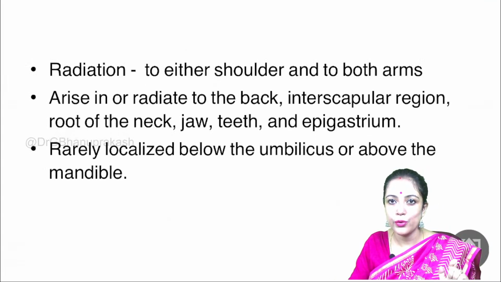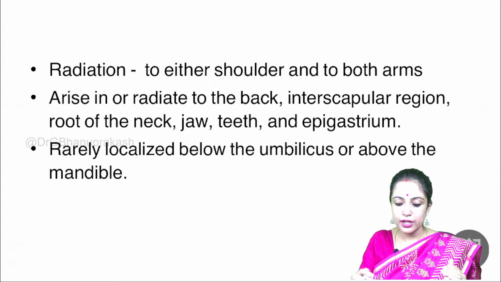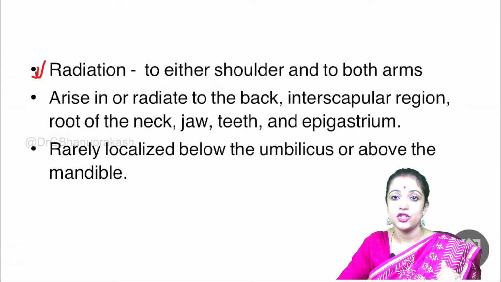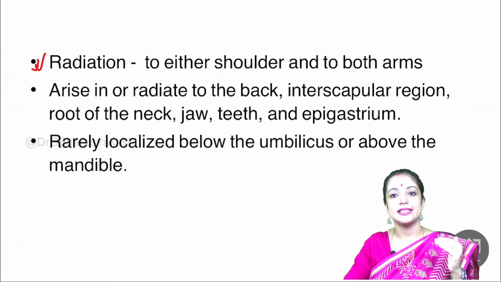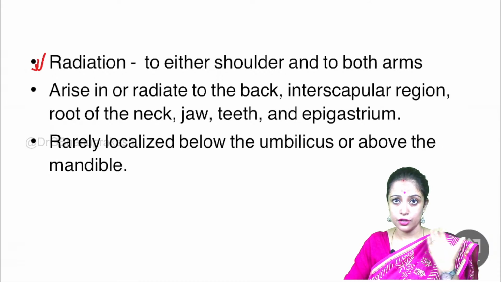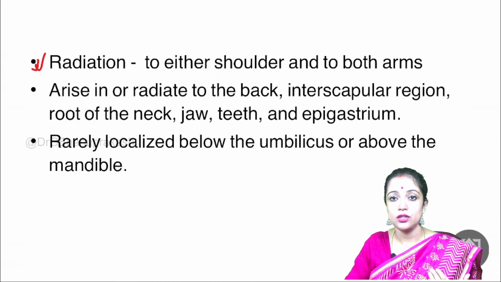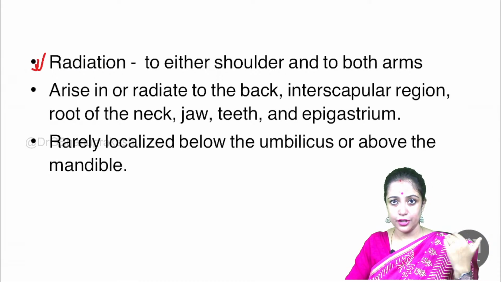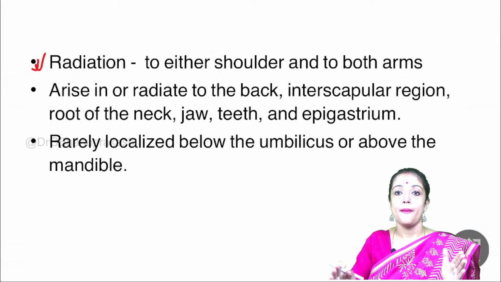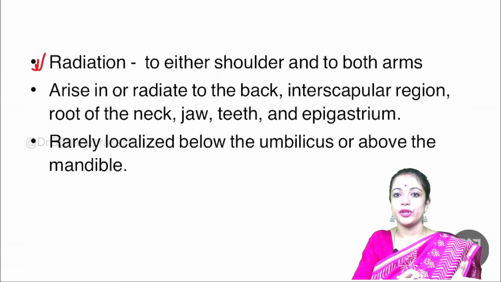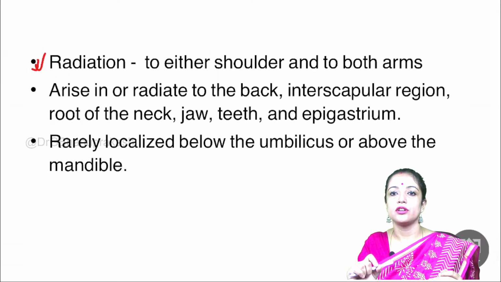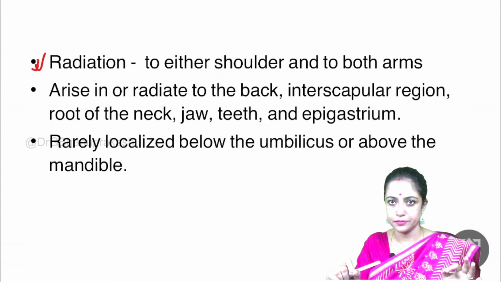Importantly, talking about radiation, the pain of angina can radiate to either shoulder or to either upper limb, but mainly to the ulnar border of the forearm and the hand.